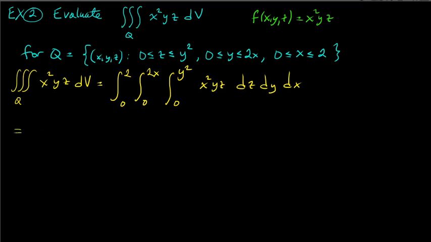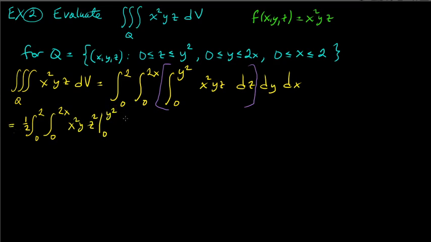So now it's just the same as it was in the previous examples. We do the inside integral first. We're just integrating z, so we get 1/2. I'll pull the 1/2 out. So we have x squared y z squared, but the z is evaluated between 0 and y squared.